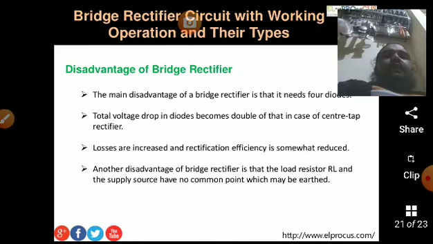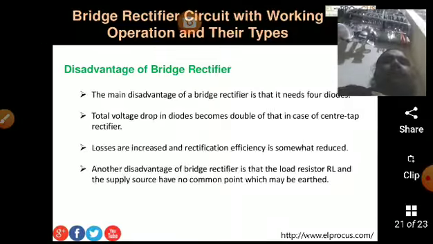Losses increase and rectification efficiency is reduced. Another disadvantage of the bridge rectifier is that the load resistance RL and the supply source have no common point with earth.